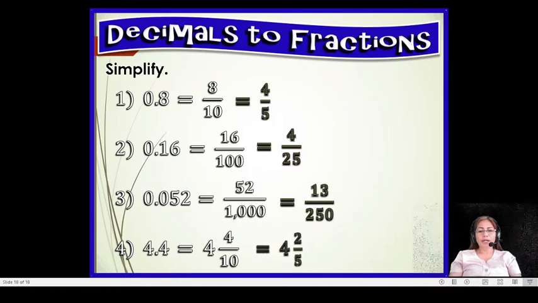For the whole number, copy the whole number 4, then divide 4 and 10 by the GCF, which is 2. So the answer is 4 and 2 fifths. Remember, in fractions, you're going to write your answer always in lowest term. Got it?